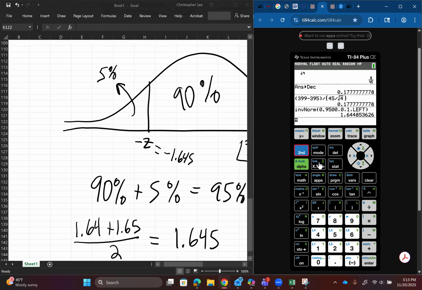You do second distribution, you go down to inverse normal, then you type in the 0.95. Then they're gonna ask you for an area, a mean and a standard deviation. That's what you type in. Then you click enter, and you should get the same number.